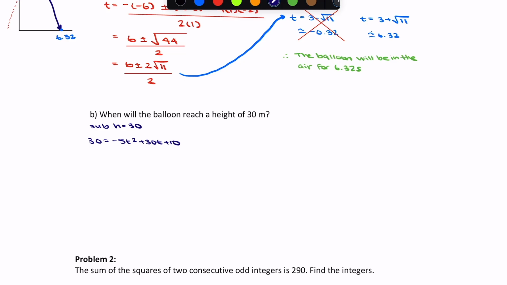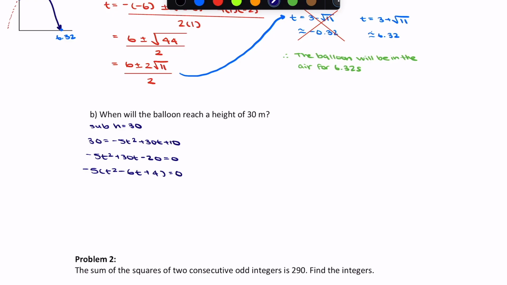We're going to move the 30 to the other side, so we're going to subtract by 30. And here we have negative 5t squared plus 30t minus 20 is equal to 0. Here again, we're going to factor out a negative 5, and we'll get t squared minus 6t plus 4 is equal to 0.